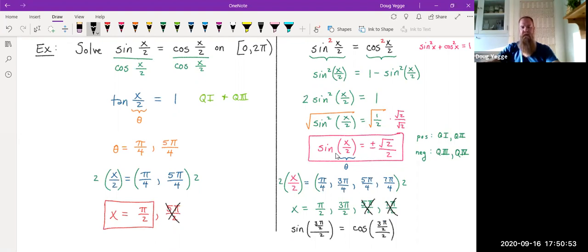Well, notice that that's telling me sine of 3 pi over 4 is apparently equal to cosine of 3 pi over 4. And if we know from our unit circle that those are in the second quadrant, then we would know that we're absolutely wrong. That would be saying that the square root of 2 over 2 is equal to the negative of the square root of 2 over 2, and that's why 3 pi over 2 actually doesn't work.